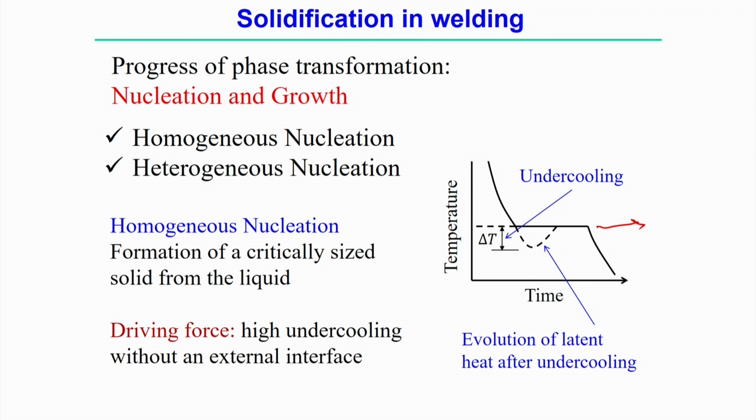Then the evolution of latent heat starts after the undercooling of this system. So, at this point it locally achieves some undercooling and releases the latent heat, and then after the change of phase it gradually cools to ambient temperature by releasing specific heat.